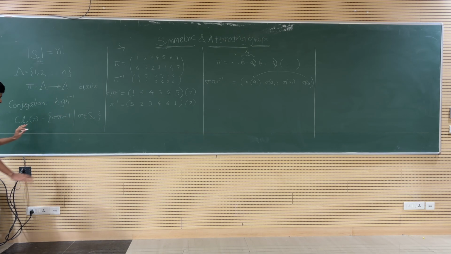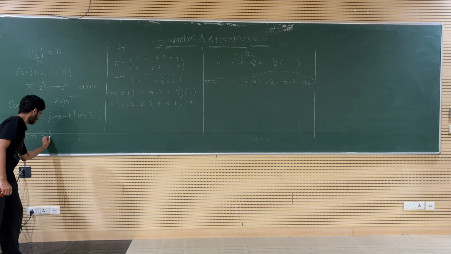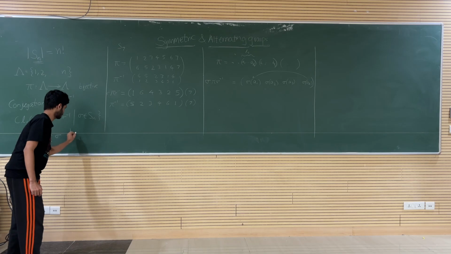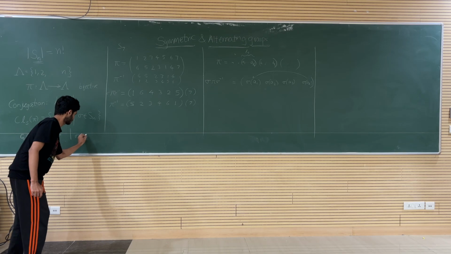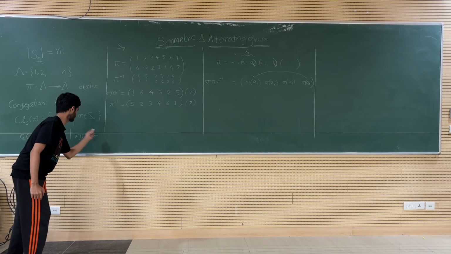And I also want to tell you another notation: C of pi with a subscript S, no L here. This is the notation for the centralizer. What is a centralizer? It is the set of all elements sigma which commute with pi, such that sigma pi is equal to pi sigma, and sigma belonging to Sn.